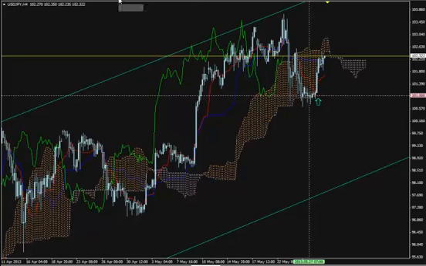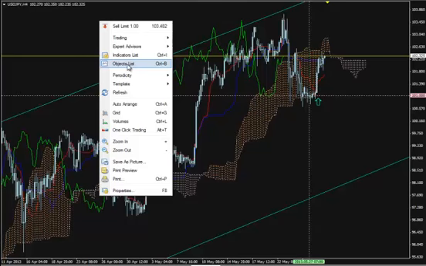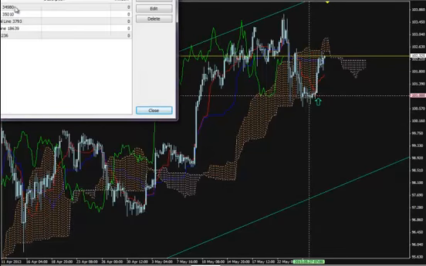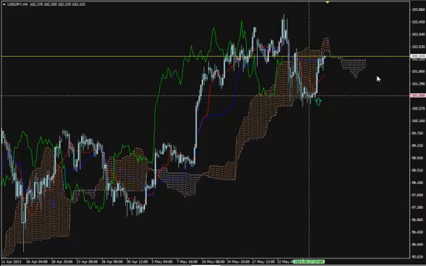On the H4 chart, we see, let me remove these trend lines and make the chart clearer. Okay, so H4 chart, we see that although the price moves below the Kumo, the leading Kumo is a bullish formation.